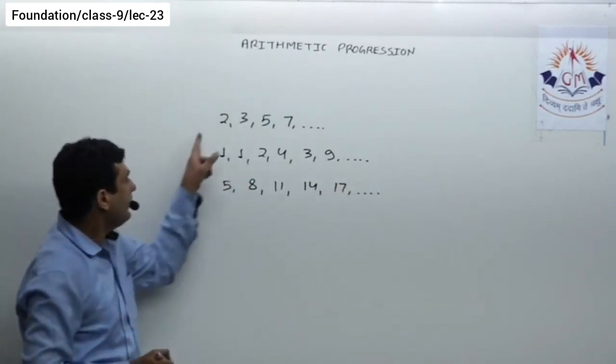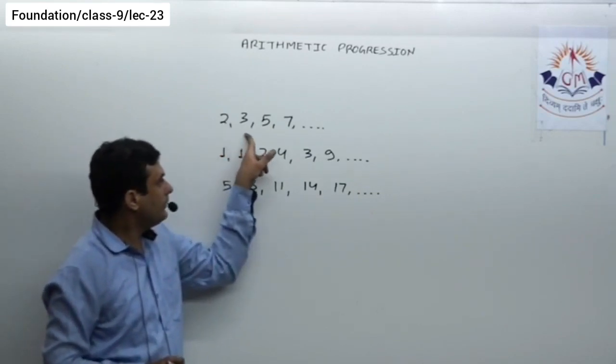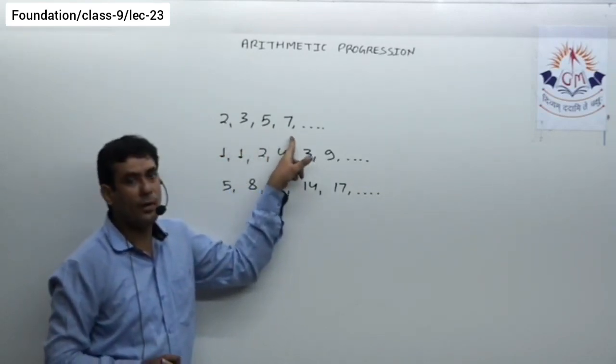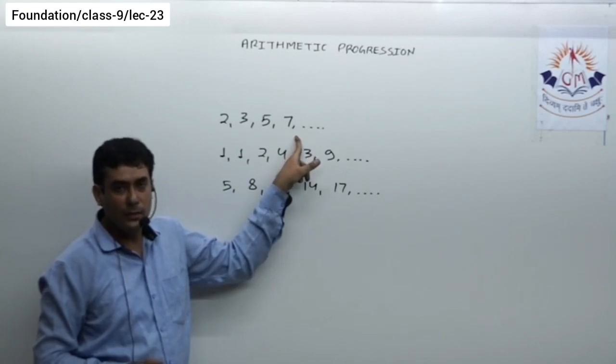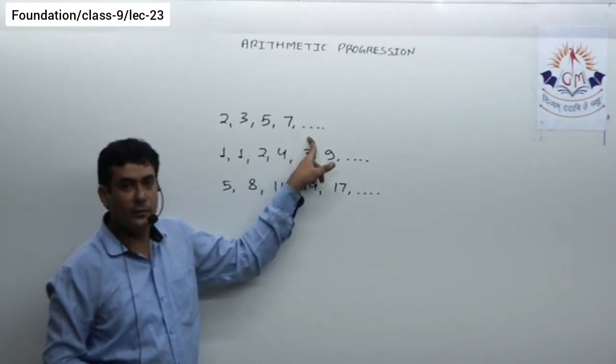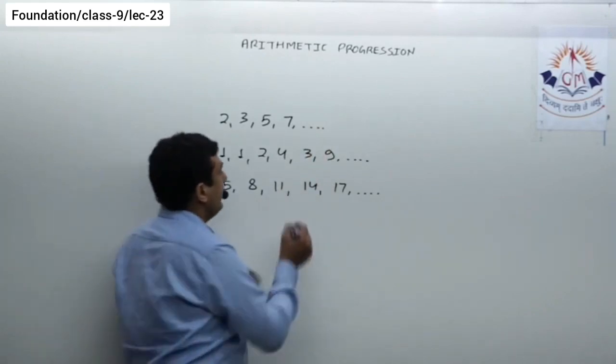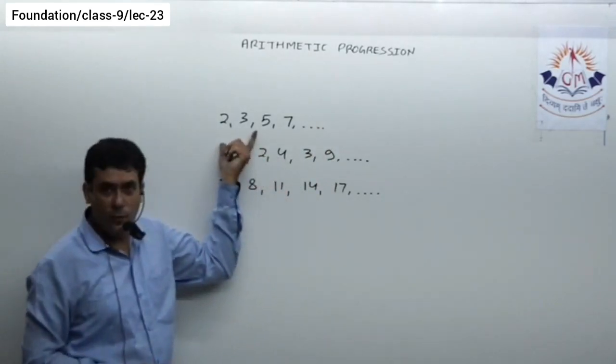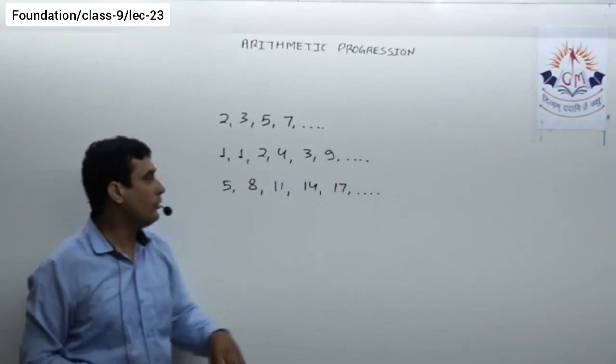Here we can see these numbers are actually prime numbers. After 7, next will be 11, then after 11 next will be 13. So here if I want to write a formula to find the next term, it is not possible.